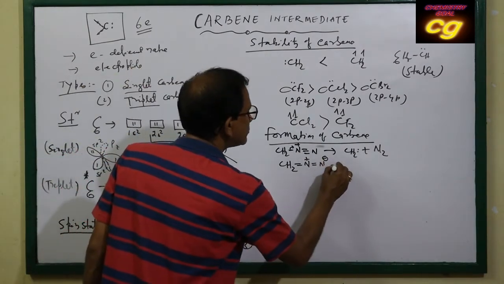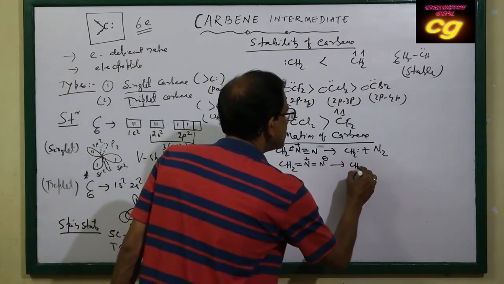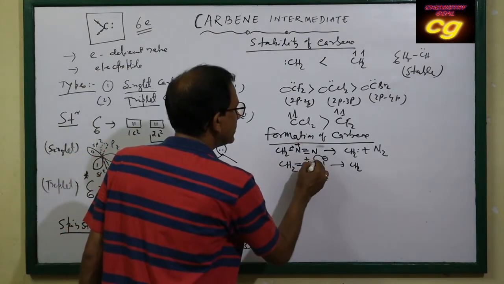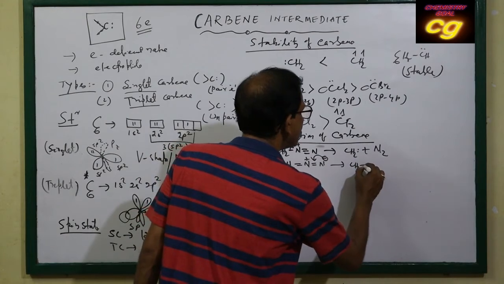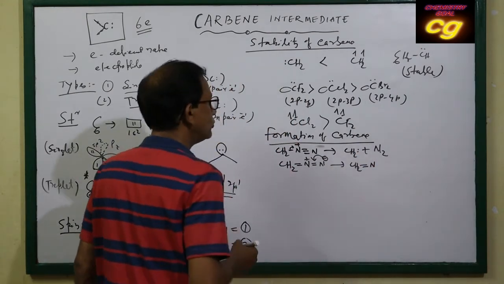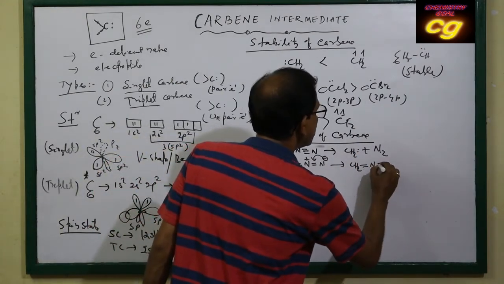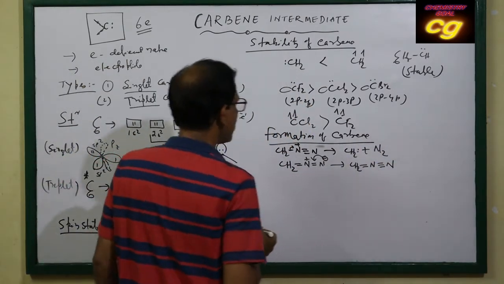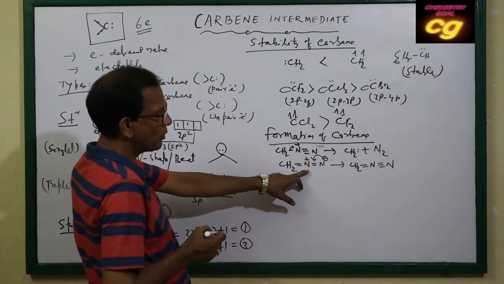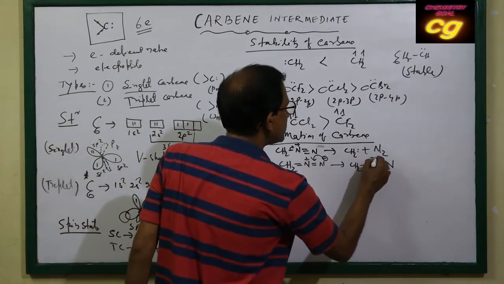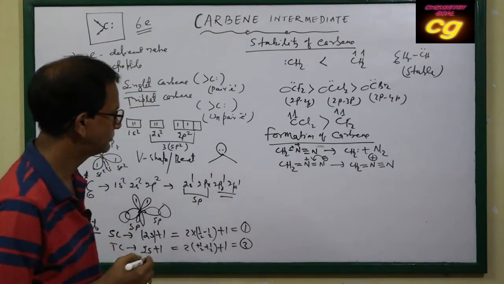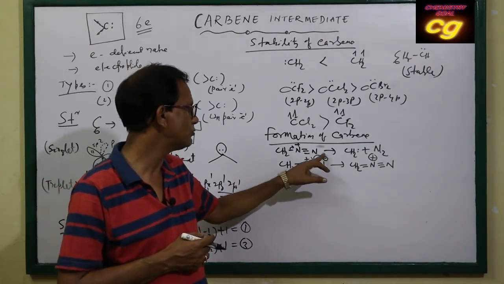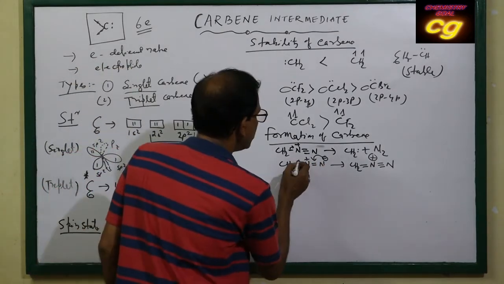Then this structure converts to CH2, then to a double bond N and a triple bond N. Here, when this bond breaks, this is your plus charge. As nitrogen has four bonds, there is a plus charge; the double bond shifts to give a minus charge, and a single bond forms after shifting, and this bond breaks.